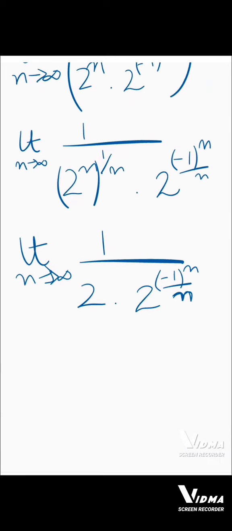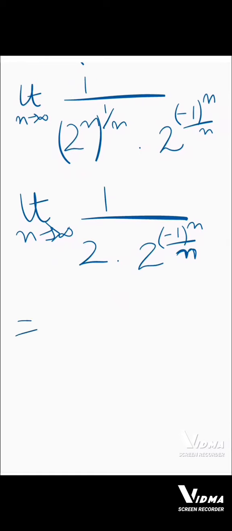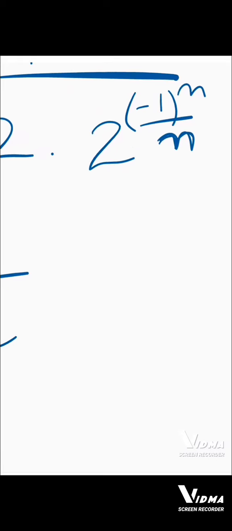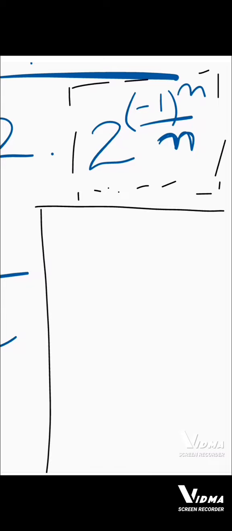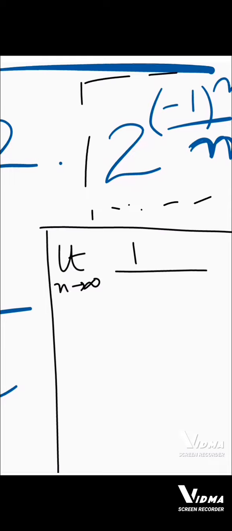Okay, now this thing is going to be equal to 1/2. How? Because if you focus on this factor out here, let's check it out in scratch work. What will be the limit of this factor? Basically, the limit as n approaches infinity of 2^((-1)^n / n).